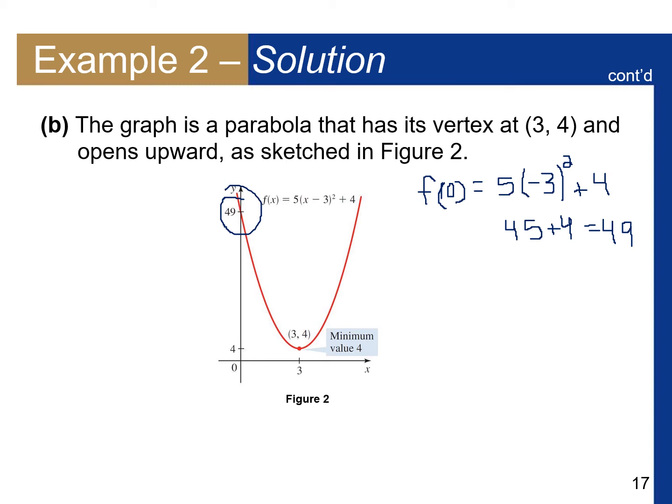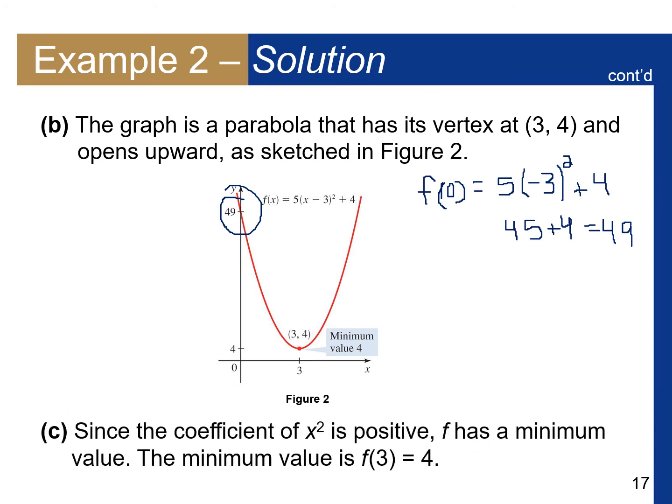So that's a way that will help you when you are graphing. Now, we wanted to know what our maximum or minimum is. So since our a value is positive, it has a minimum, and that minimum is going to be 4 because my vertex is 3, 4.